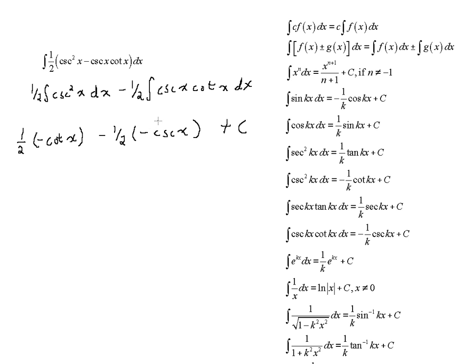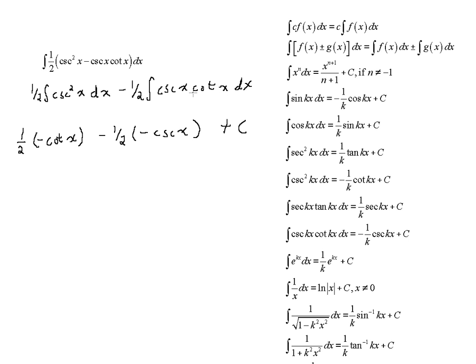But there's a little bit too many mental leaps going on there, so I just went ahead and did it this way. So the derivative of the negative cosecant of x is negative 1 times the negative cosecant x cotangent of x, which is the positive.